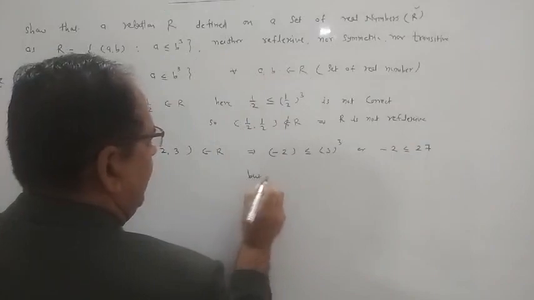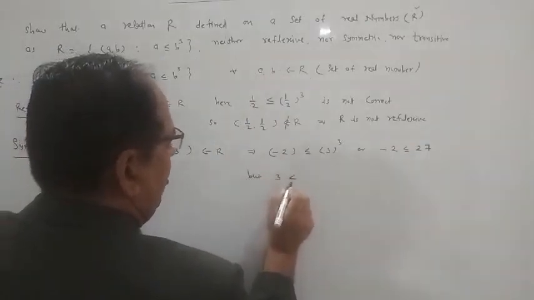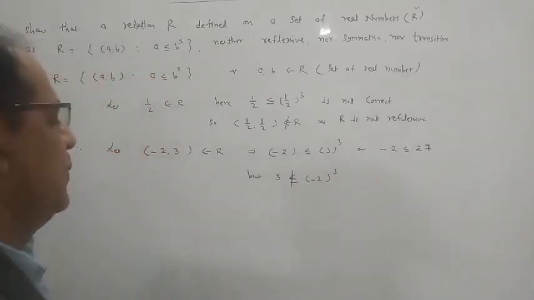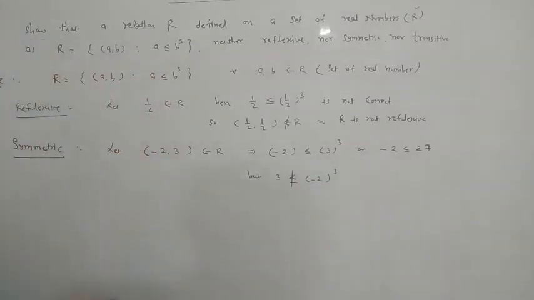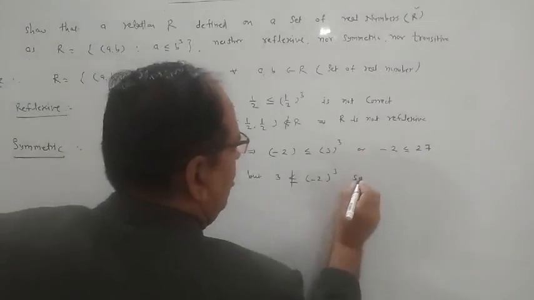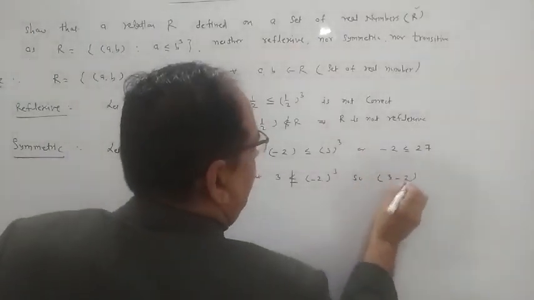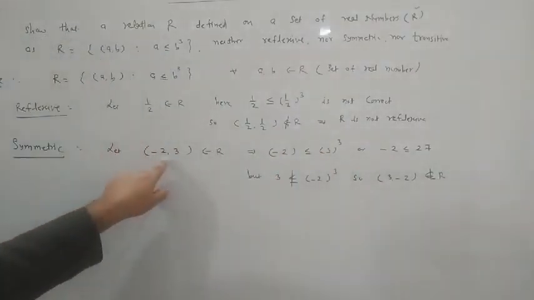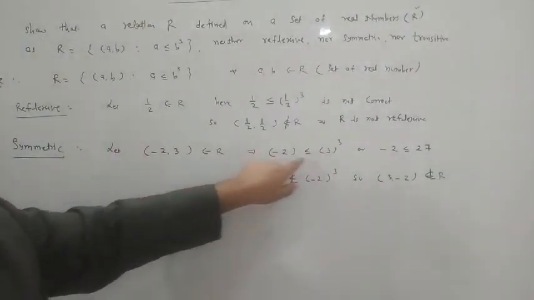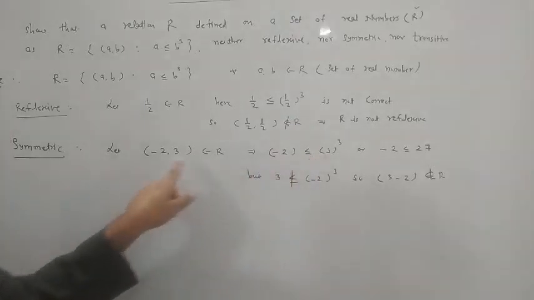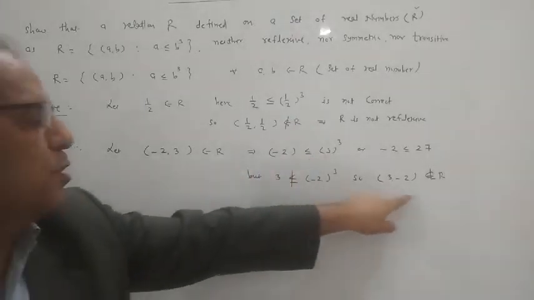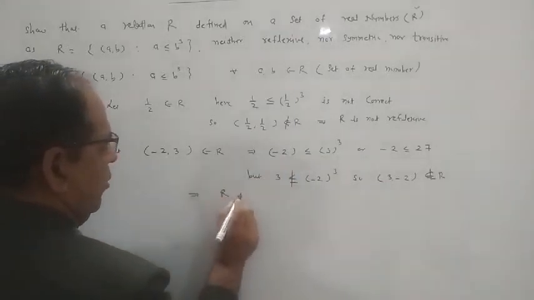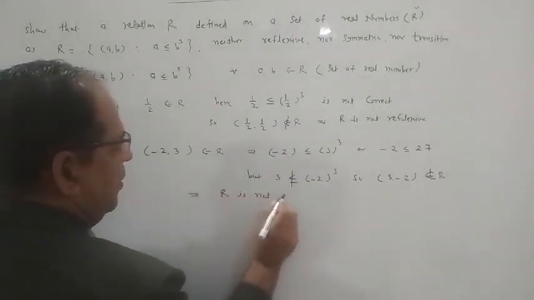But 3 is not less than or equal to (-2) cube. So (3, -2) does not belong to R. We take one pair (-2, 3) belonging to R, satisfying this condition, but the opposite pair (3, -2) does not satisfy this condition, so R is not symmetric.